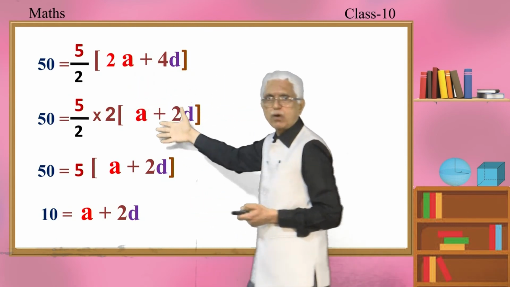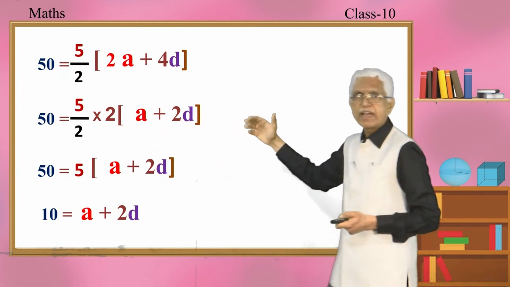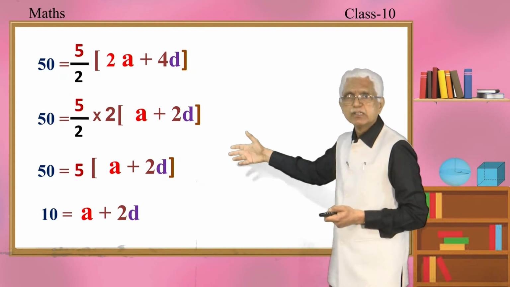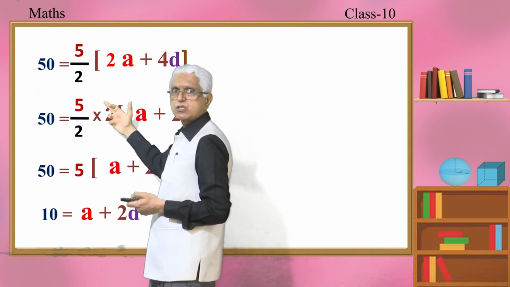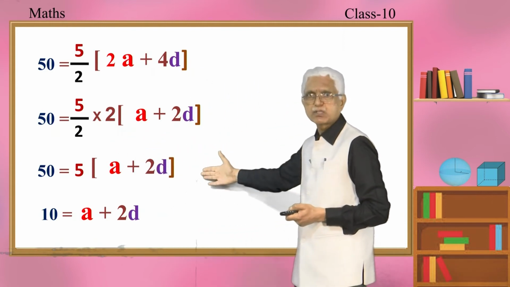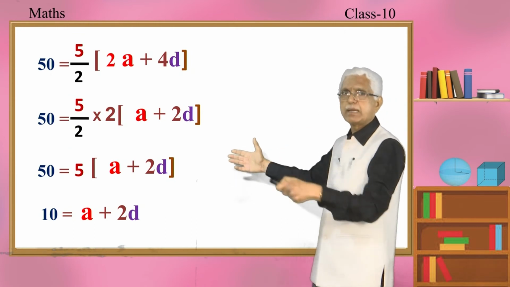I can. That is what I have done here. 2 is removed as common factor, so 5 by 2 into 2 into a plus 2d. Now this 2 and this 2 get cancelled, so I get 5 into a plus 2d. So 50 is equal to 5 into a plus 2d.